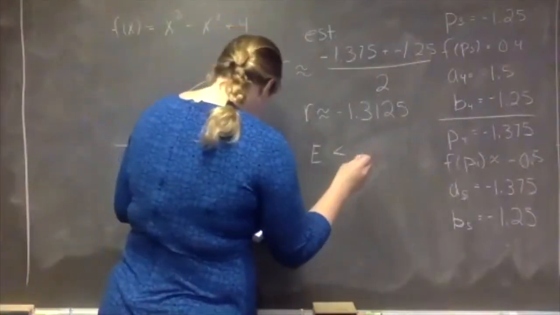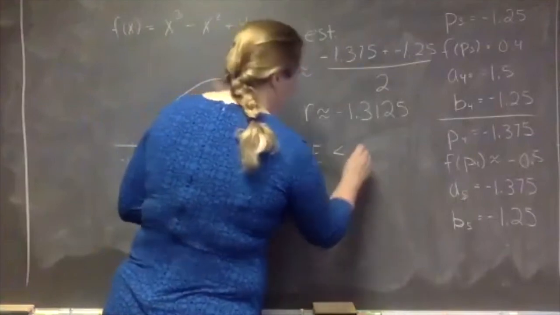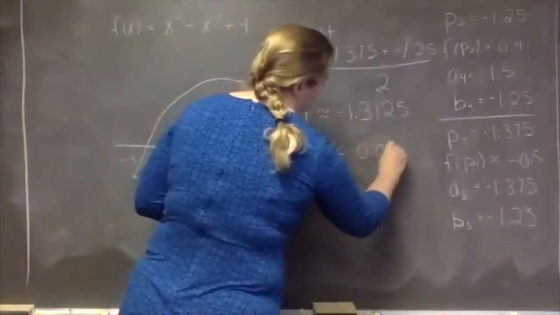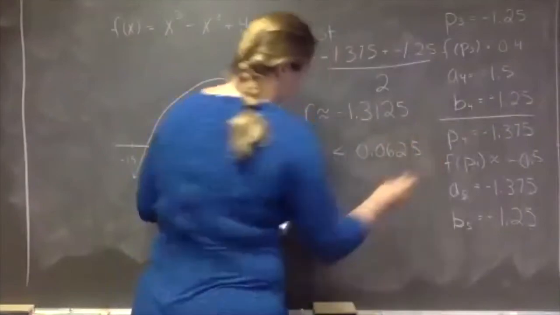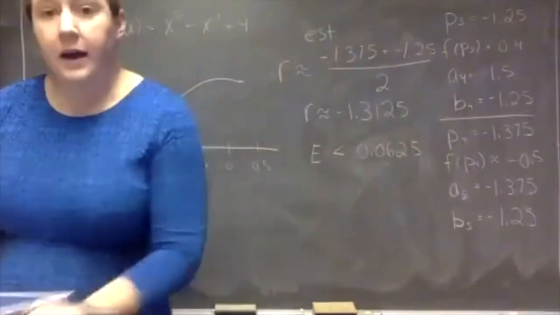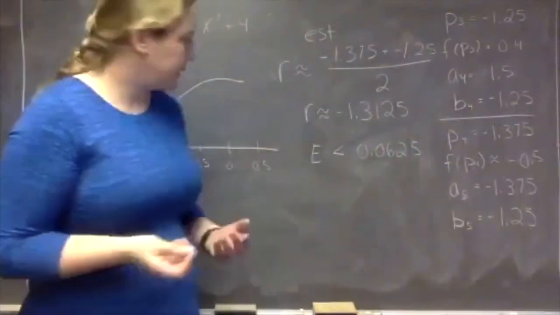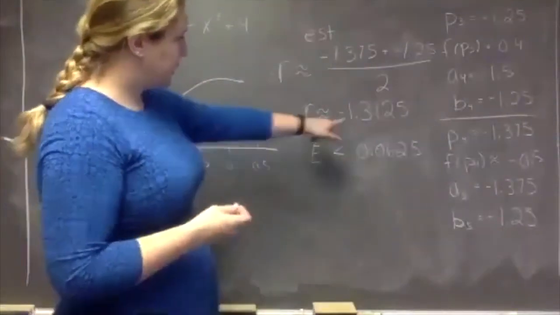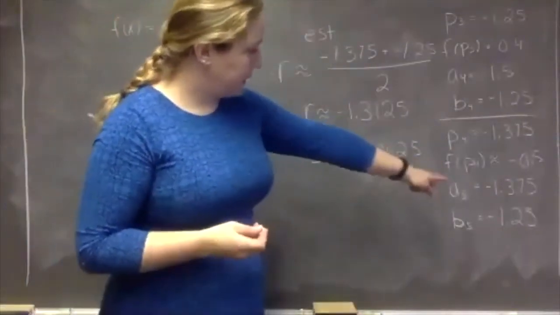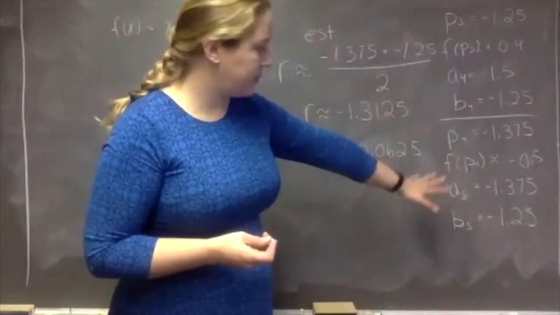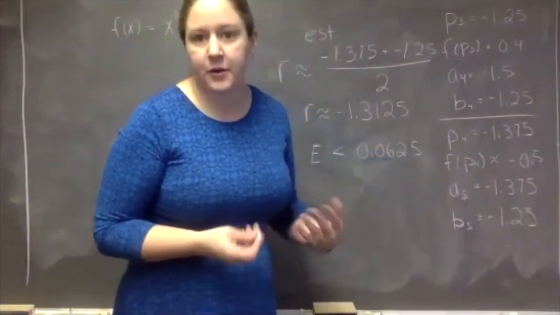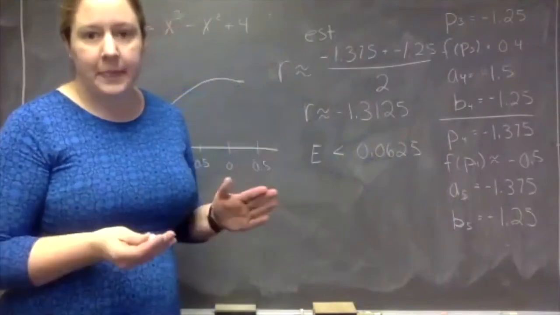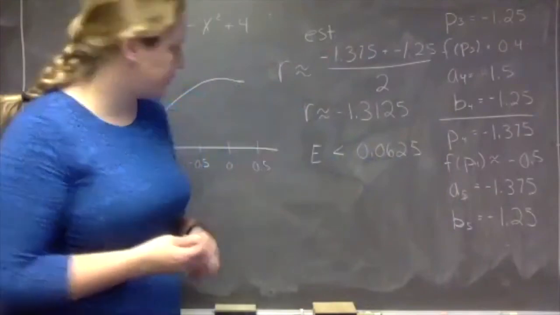So our error is less than 0.065. The way I calculated that error in this case was I just took this root and I subtracted it from actually either of these endpoints of our final interval. And that gives us the length of the half interval.